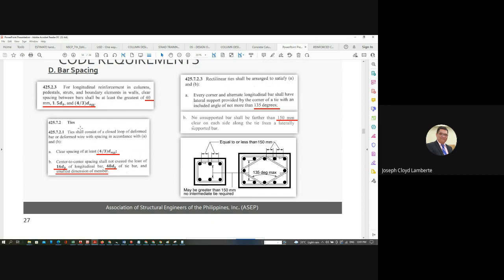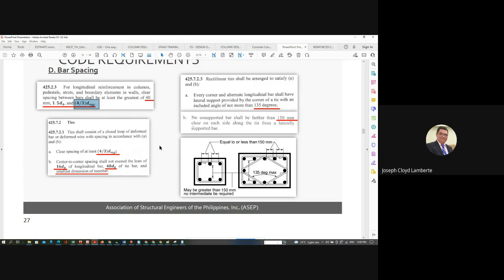For ties na kay spacing nimo, no? Ties shall consist of the closest hoop of the formed bar or the formed wire with spacing in accordance with A and B. So sa may A and B, dapat kuno at least 20 kanina mo ni ang 25 mm. Mo din na ang 25 mm.